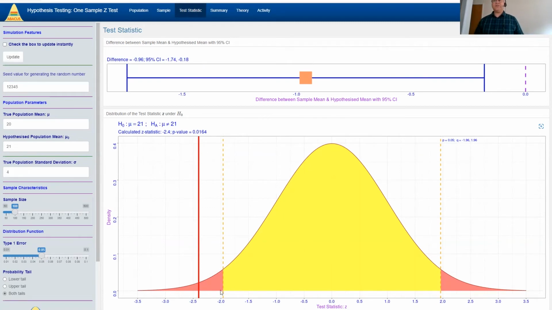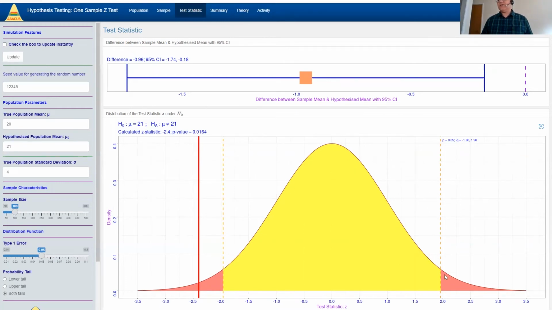Now, what does this distribution say? It is telling me, if my null hypothesis is true, what should be the distribution of the test statistic. And this red vertical bar is the observed test statistic. Then we calculate the probability of observing this test statistic if the null hypothesis is true.